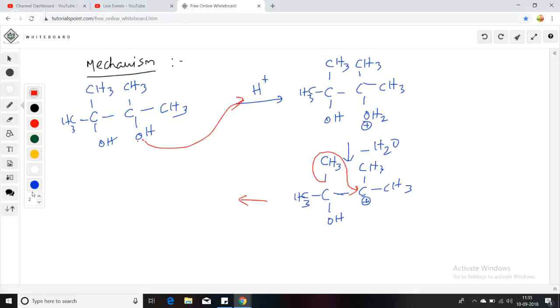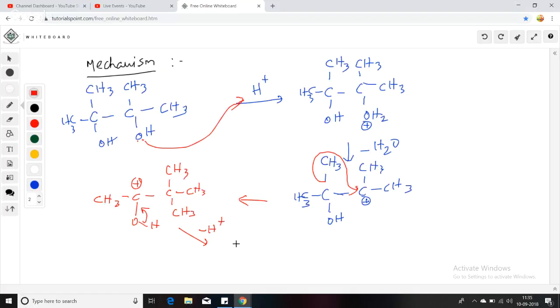Okay, and we get finally this, that is CH3, C positive charge, CH3, CH3, CH3. Here we have OH. Now, in the final step, H plus comes out from this, and this bond pair goes over here.